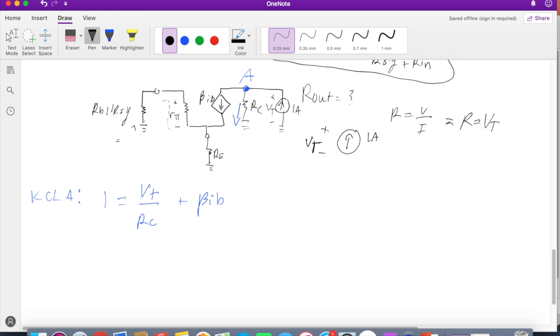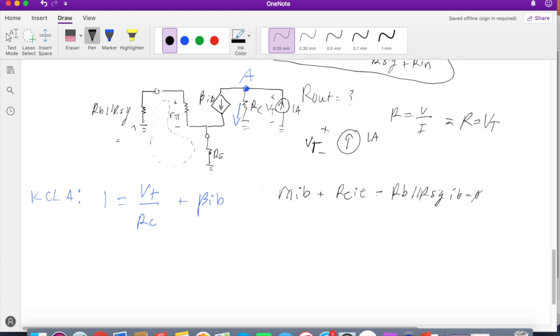Simply, we can do a simple KVL. So what we have here is R pi IB plus RE IE minus RB in parallel with R sig IB equals 0.